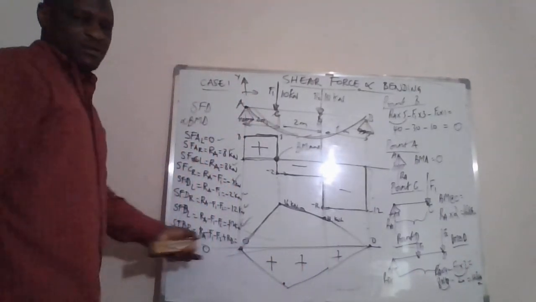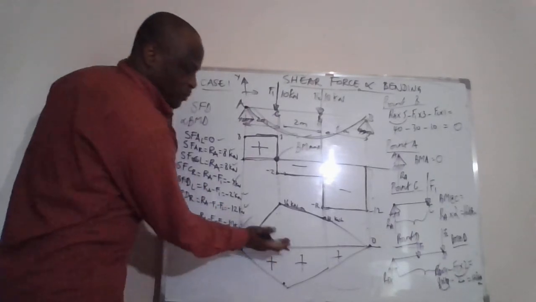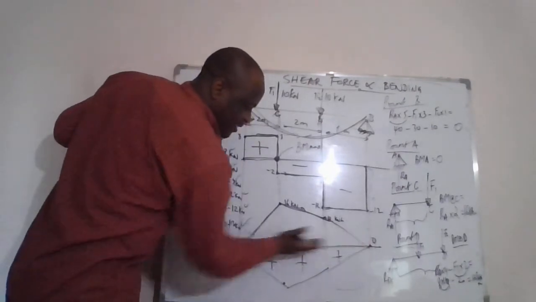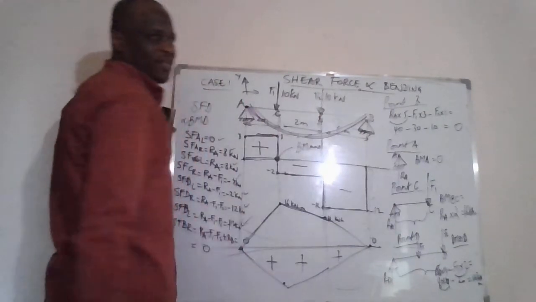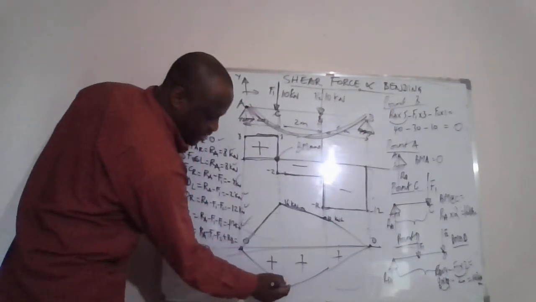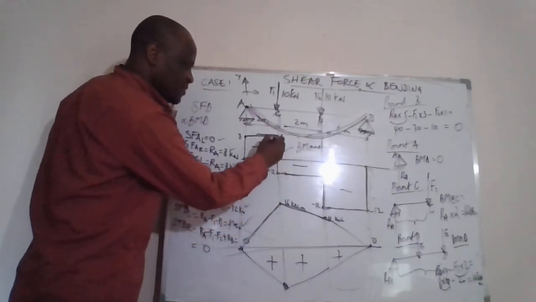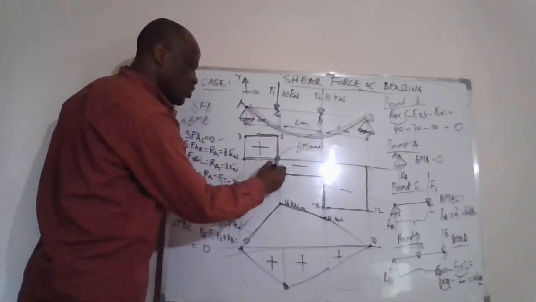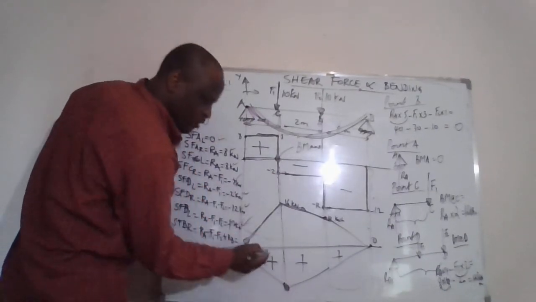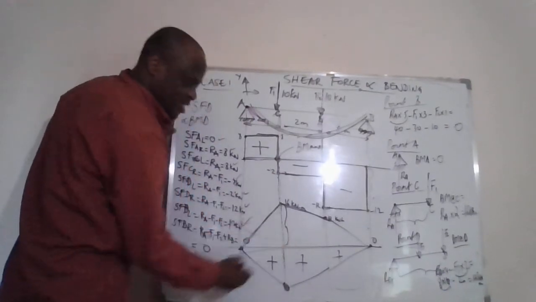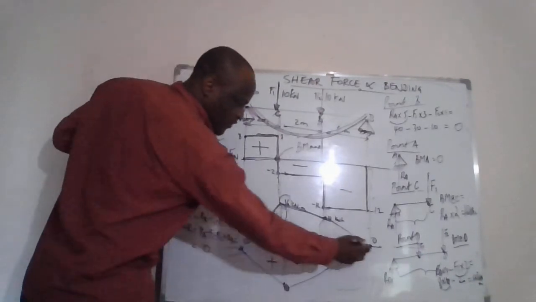We have a choice, but most of the books prefer putting the bending moment diagram positive below 0 because it reflects what takes place, and you can easily read where we have, as I've said, the point where the shear force crosses the 0 line. On that point, that's where you have the biggest moment, the maximum bending moment. You can see this is the maximum bending moment, which is 16. Because we have the 16 here, we have the 12, and we have 0.